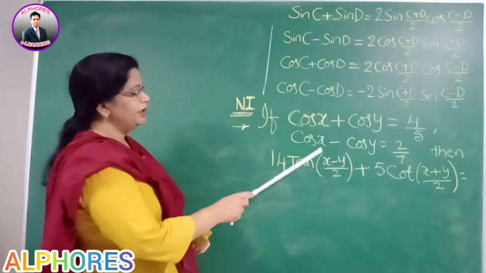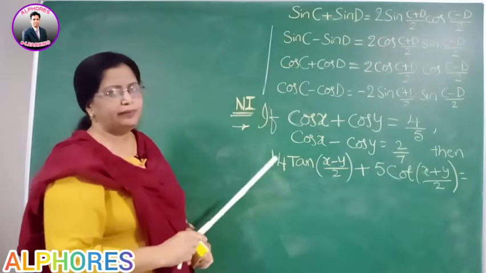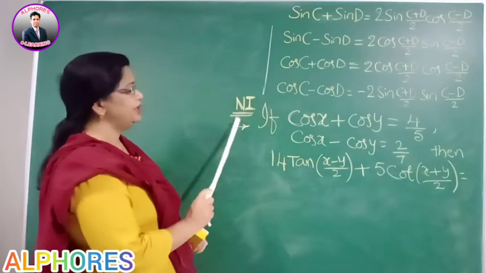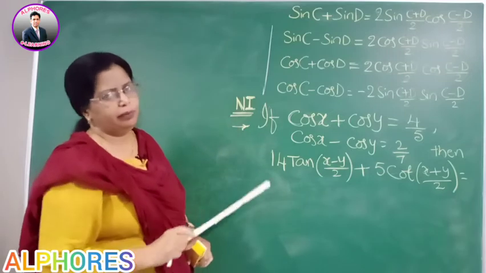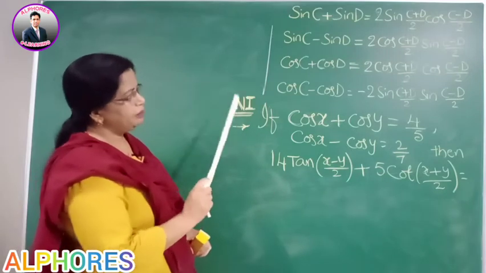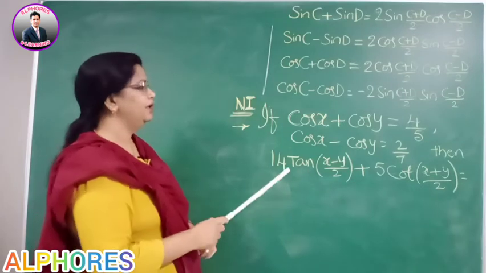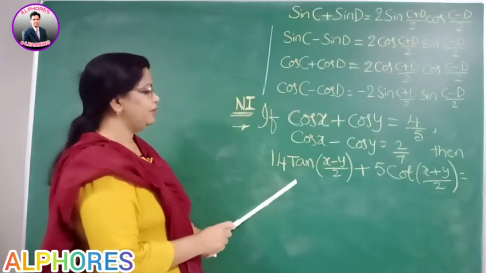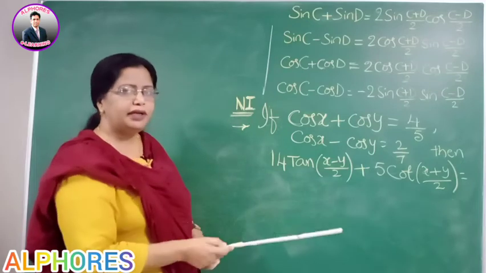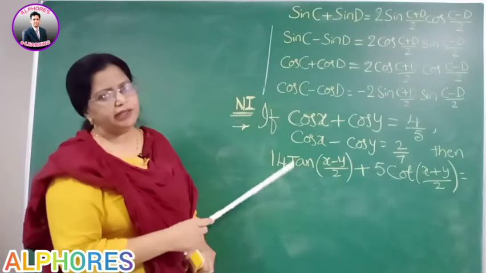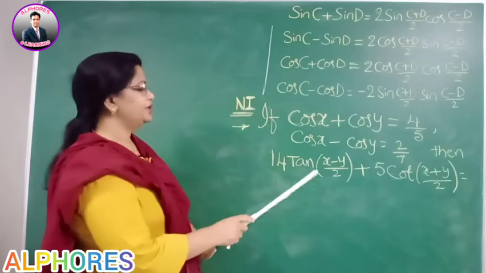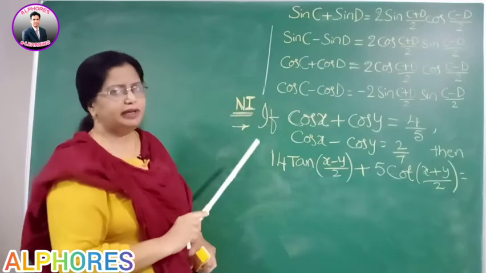Here you observe, along with the question you have to move. This problem is a numerical integer type of problem. Numerical integer type means your answers will be 0, 1, 2, 3, etc. Now to solve the problem, it implies the answer is completely independent of both x as well as y. Understand? So you have to eliminate the x and y values completely.